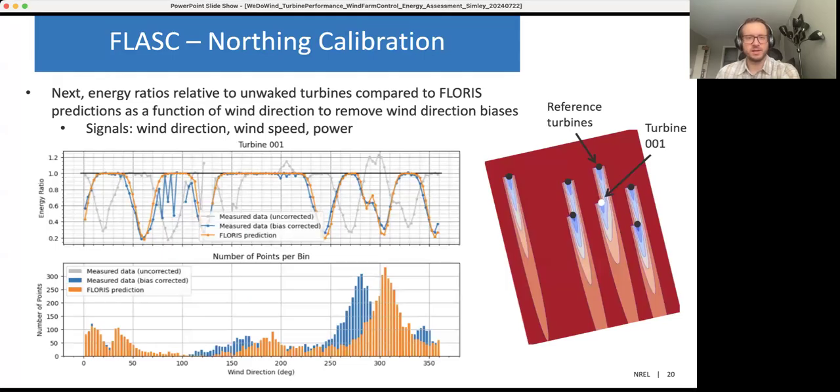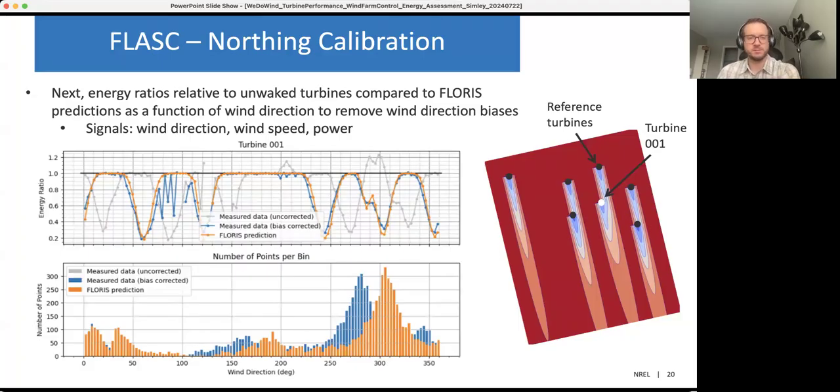Next, we apply northing calibration. So the wind direction signals, the nacelle orientation at all the turbines, is not necessarily calibrated to true north. So probably every wind plant I've looked at, there's some calibration that needs to be applied to the nacelle position so that they're referenced to north.